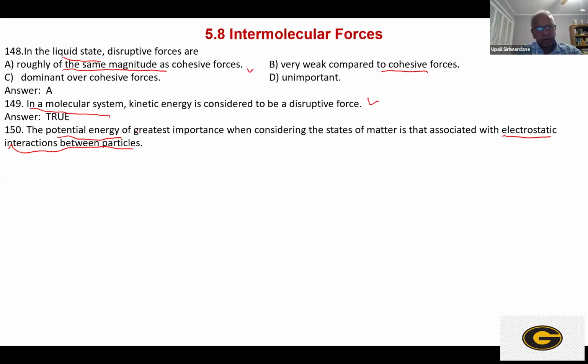Positive charge and negative electrostatic attraction. Therefore, it is true.